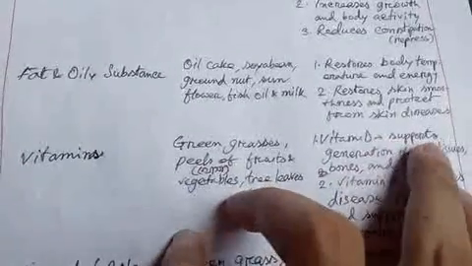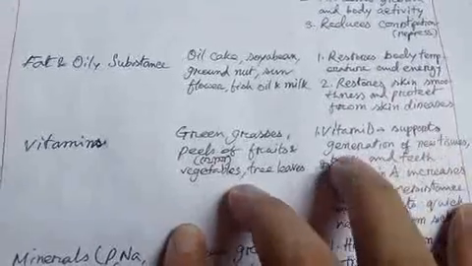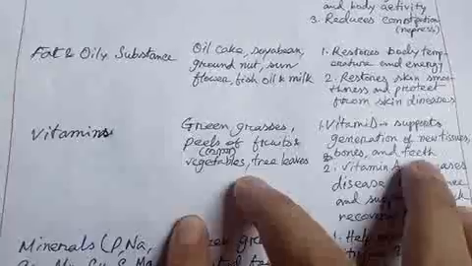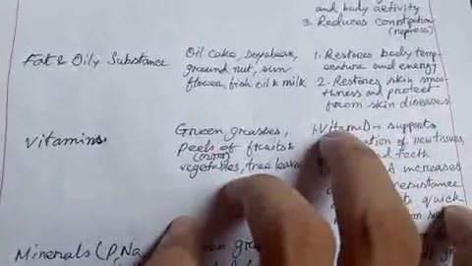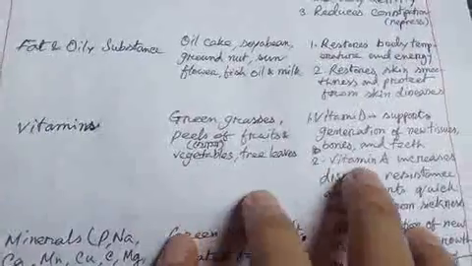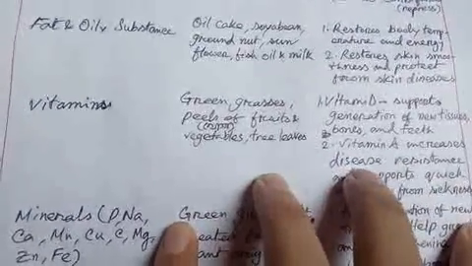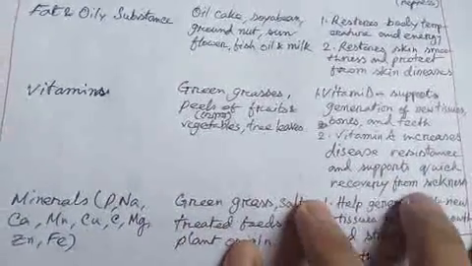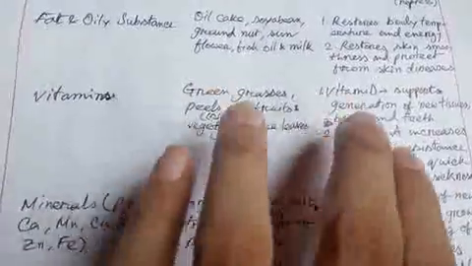It supports the generation of new tissues, bones and teeth. These kinds of generating support come from vitamin D. And vitamin A increases disease resistance and supports quick recovery from sickness. So these are the vitamin functions.